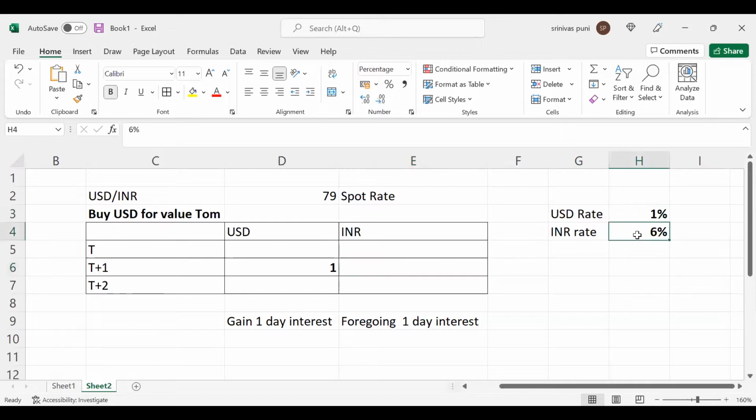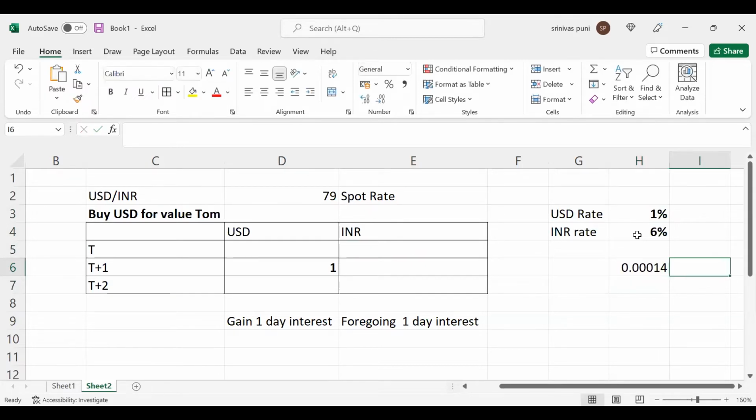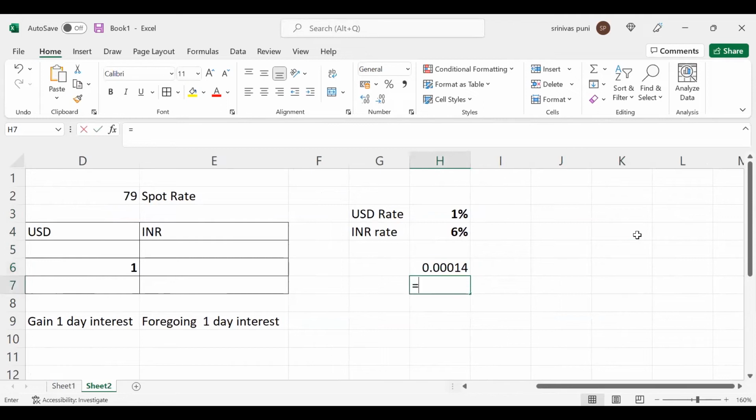So roughly 5%, right, into how many days? For 1 day. So 5% by 365, that is the 1 day interest on 79 rupees that I'm losing. So it comes to roughly around 1 paisa. In this example, 0.01 rupees.